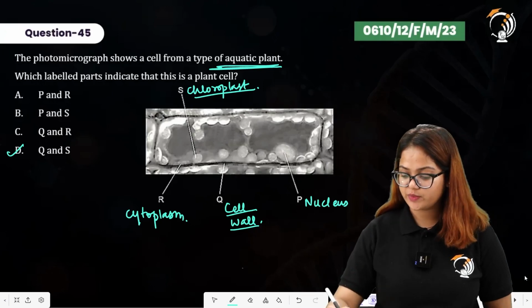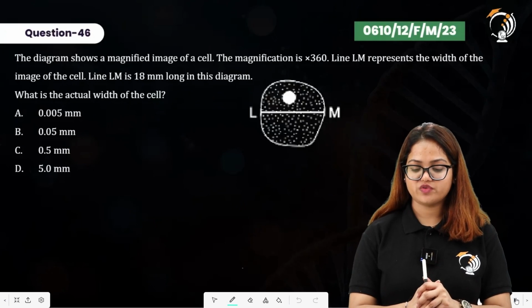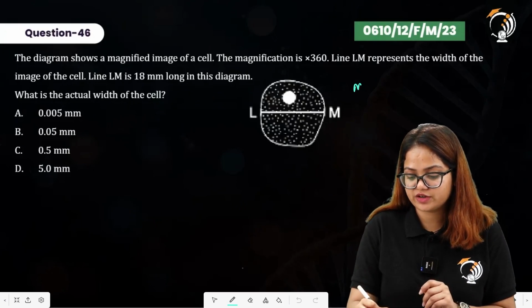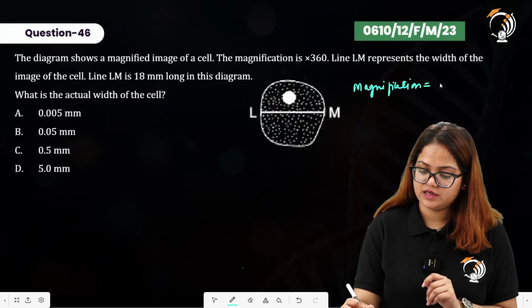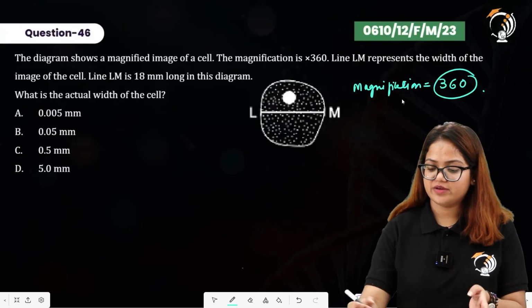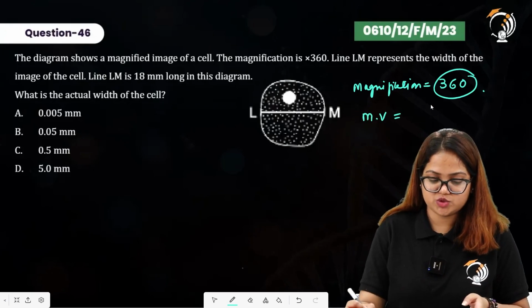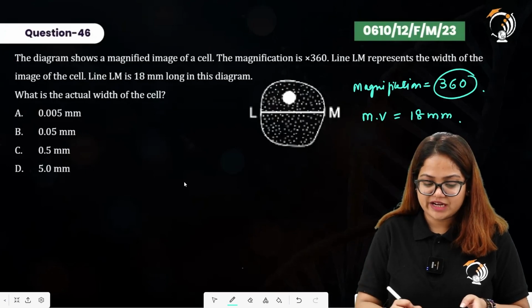Moving to question number 46. The diagram shows a magnified image of a cell. The magnification is provided: 360 times. The line LM represents the magnified value, which gives 18 millimeter. We have to calculate the actual width.